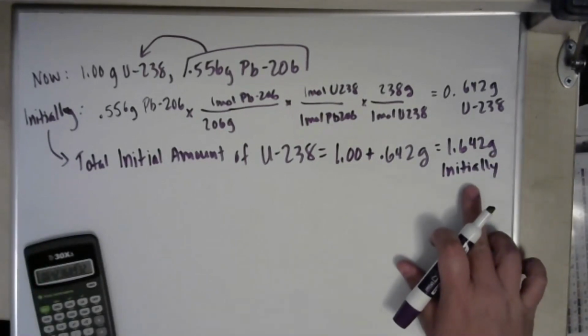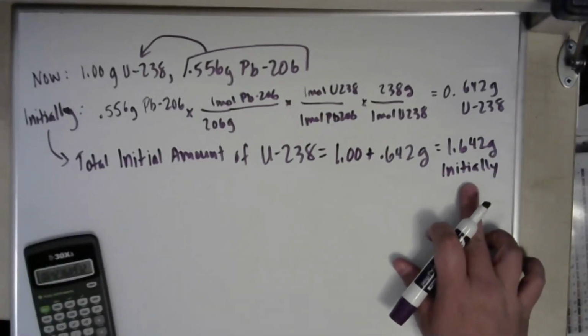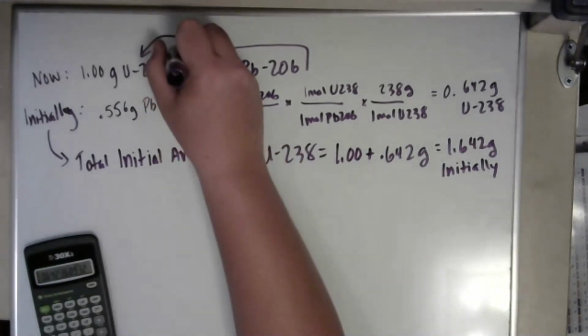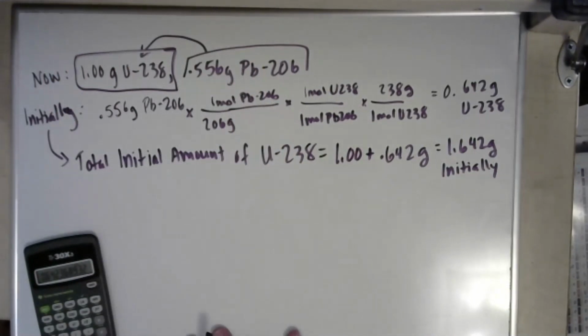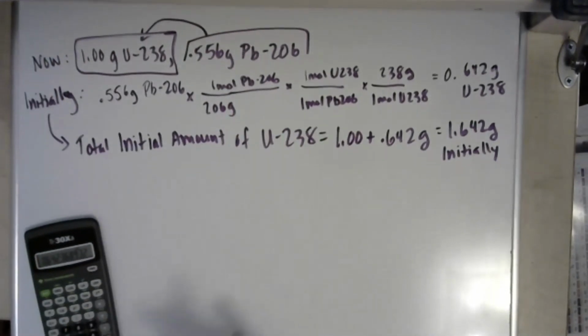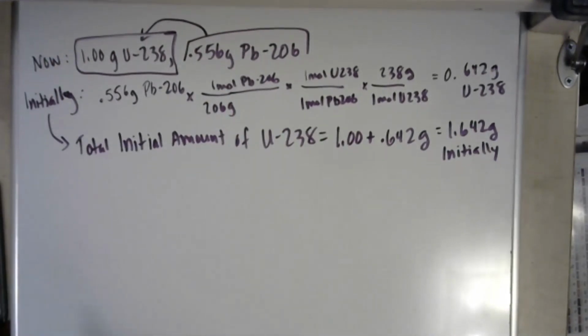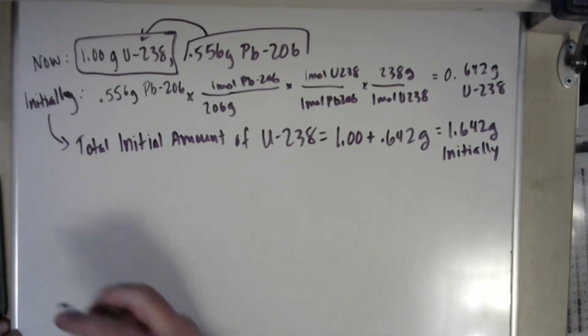So now we have an initial amount of our uranium-238, and we have our current value of uranium-238. If we find our rate constant, we're going to be able to figure out how much time has passed. If we figure out the time that's passed, that's going to be equivalent to the age of the meteor.